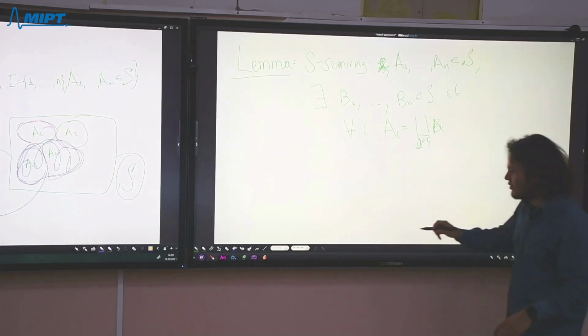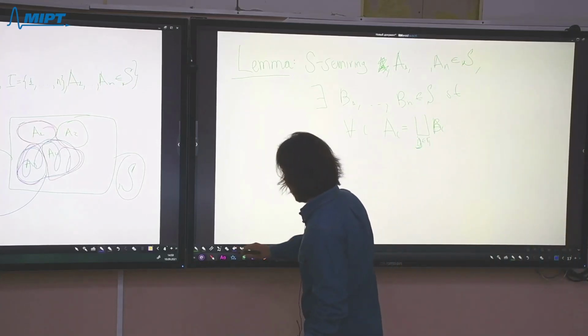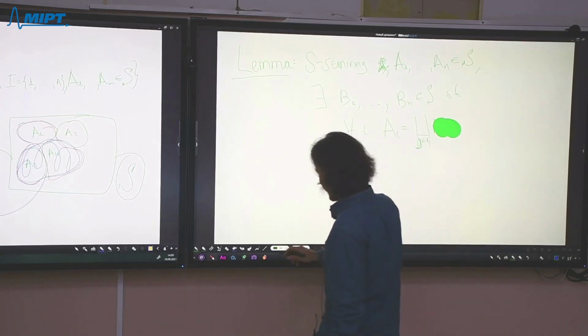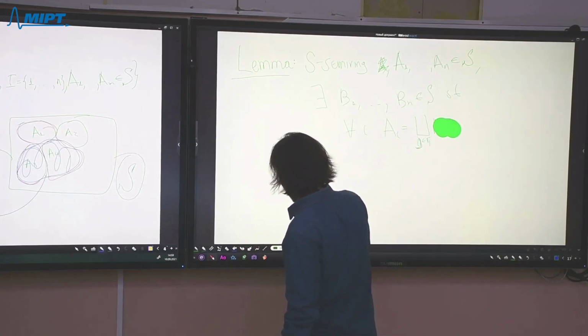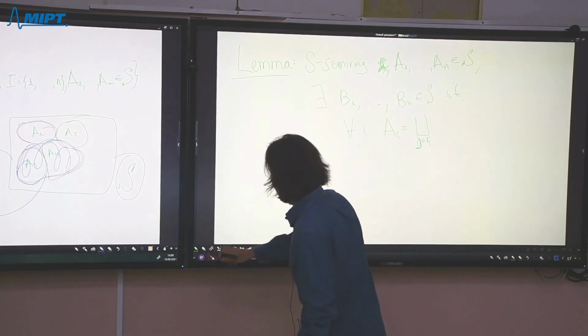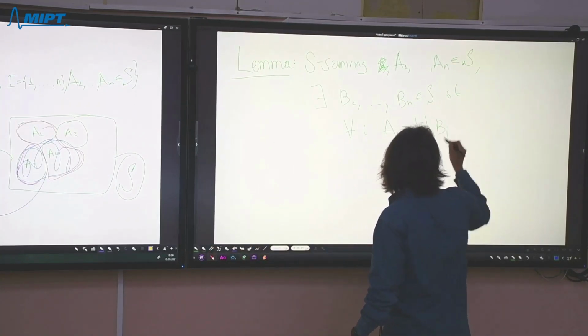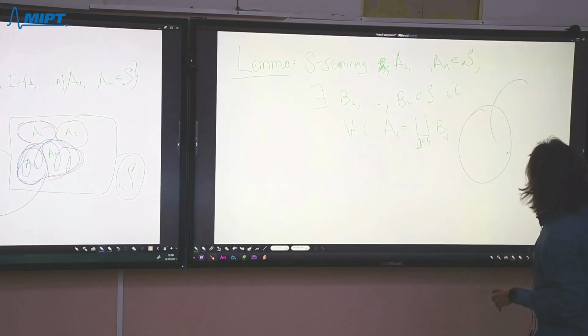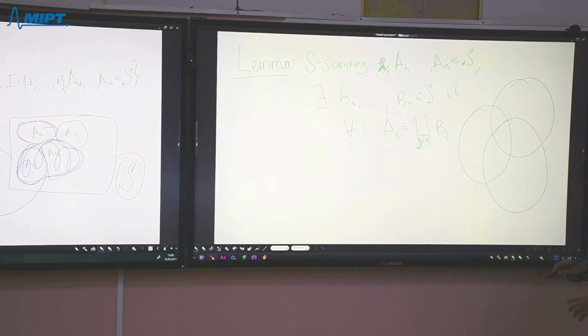So this is B_j. So what does it mean? It means that we have, for example, something like this. So this is A1, this is A2, and this is A3.